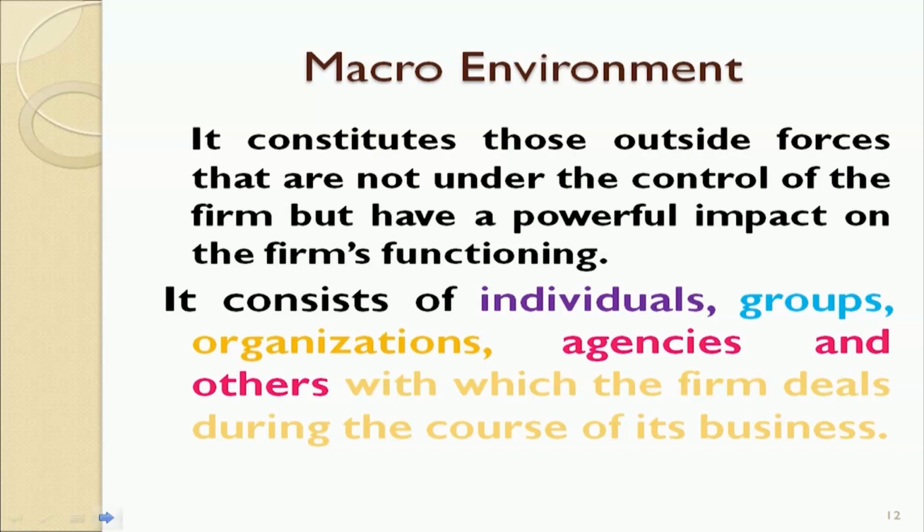It consists of individuals, groups, organizations, agencies and others which the firm deals with in the course of its business, that we are going to study in macroeconomics. In the prevailing environment in the marketplace, what would be the behavior of an individual or a group of individuals, households, organizations, agencies who represent others, with whom the firm is dealing during the course of its business.